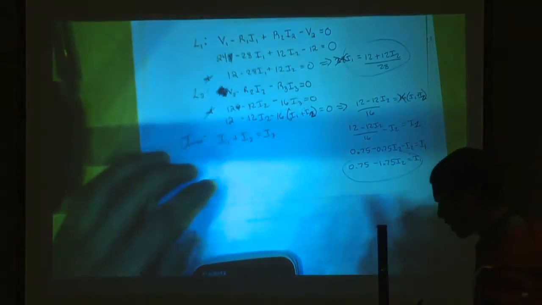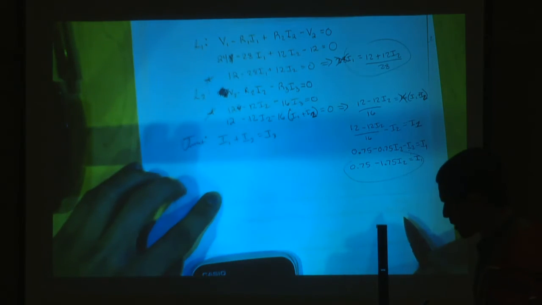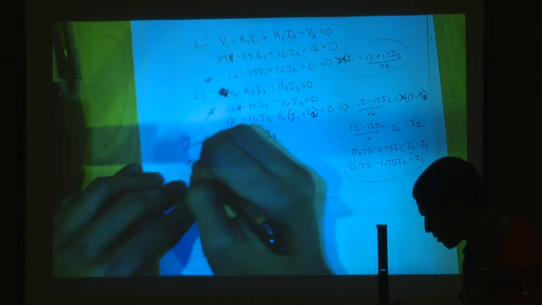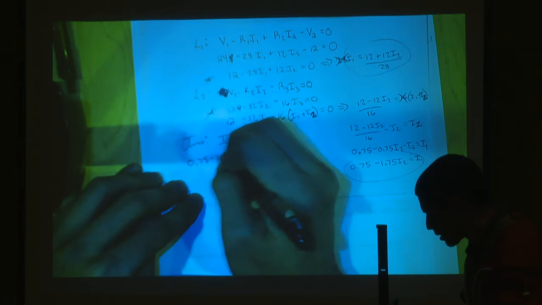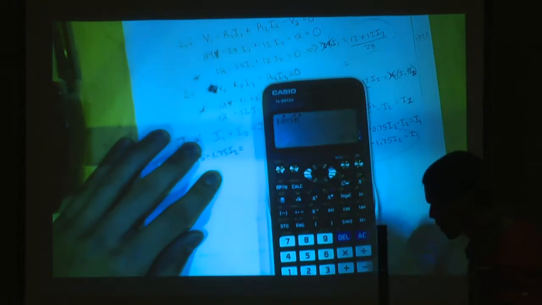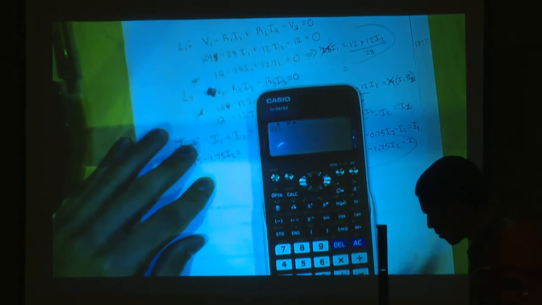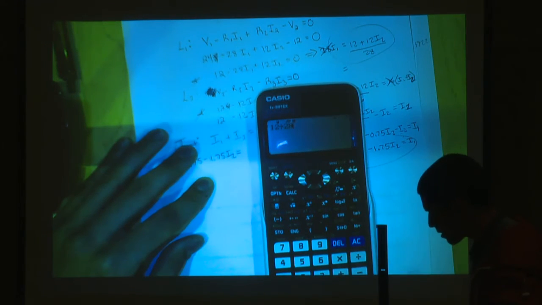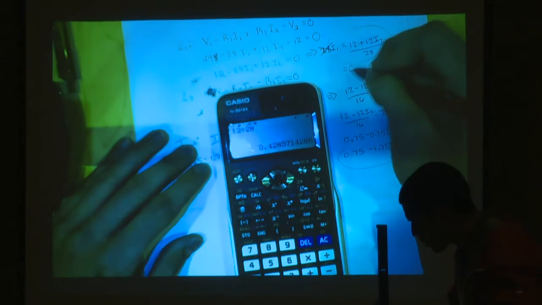So this is to I1, this is to I1. We could set them equal to each other and then have a function with respect to I2. Okay, so then we have 0.75 minus 1.75 I2 equals, just going to simplify this further real quick. We have 12 divided by 28, which is 0.42857.